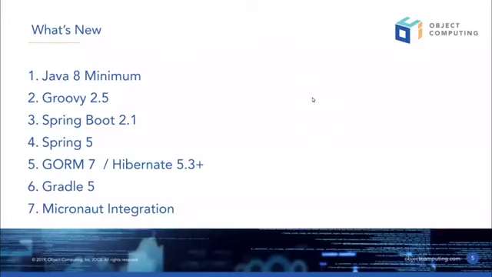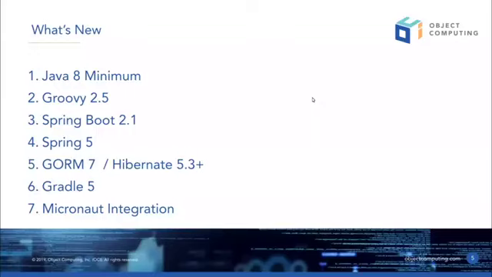We've also changed GORM from GORM 6.1 currently to GORM 7, which now requires at least Hibernate 5.3 for the Hibernate implementation of that. There's a bunch of changes in Hibernate that are relevant to your applications as well.